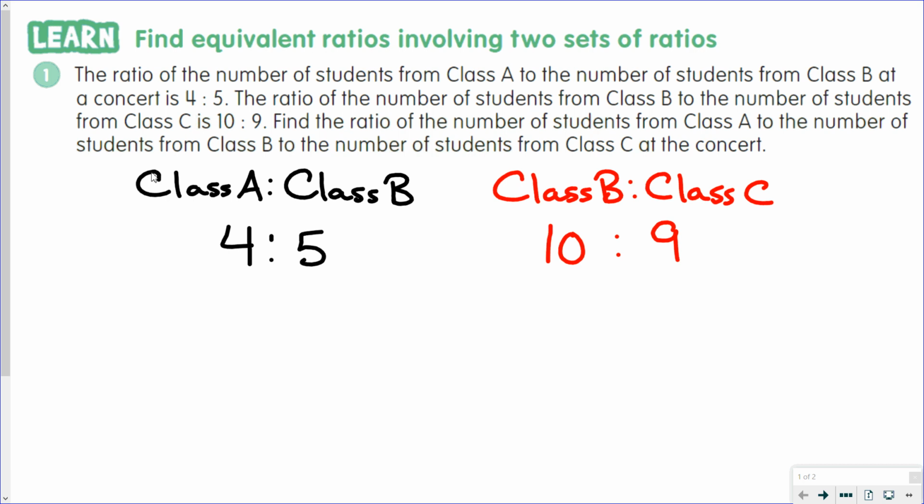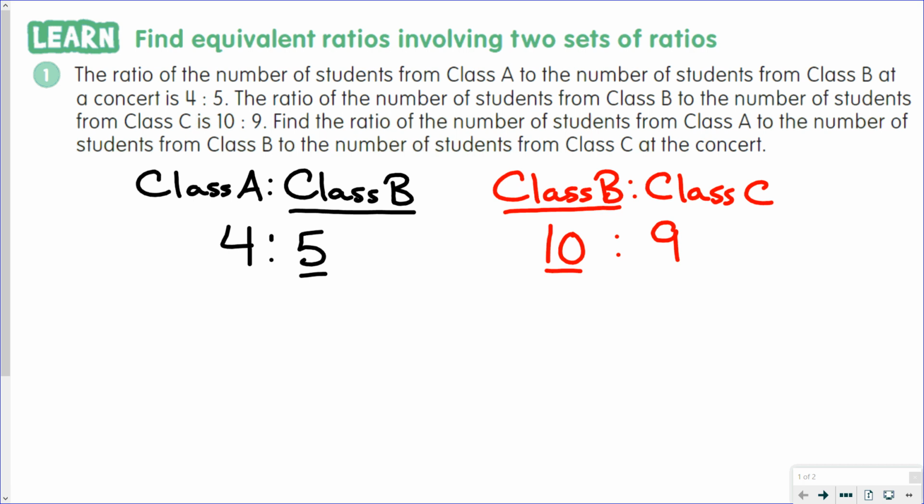So if we look at our two ratios, we notice that Class B is in both ratios. And if we look at the terms, we have a 5 and a 10. Well, there's a connection between 5 and 10. 10 is a multiple of 5.